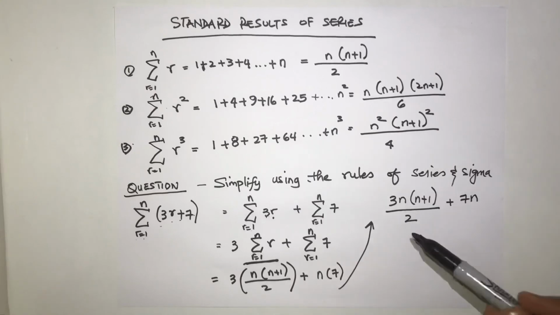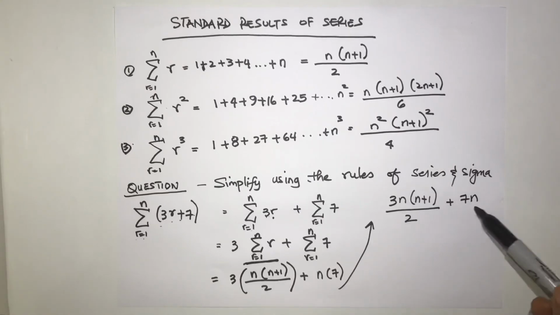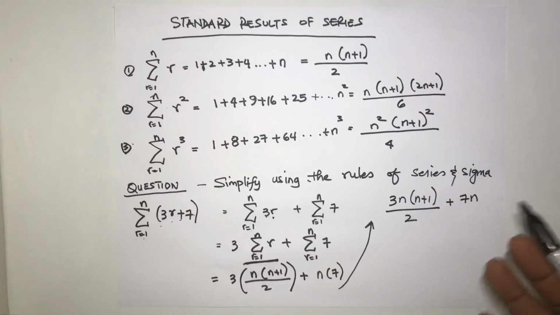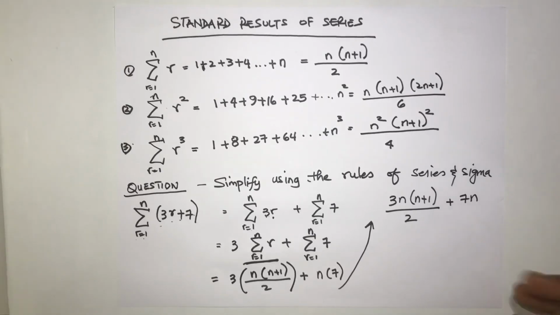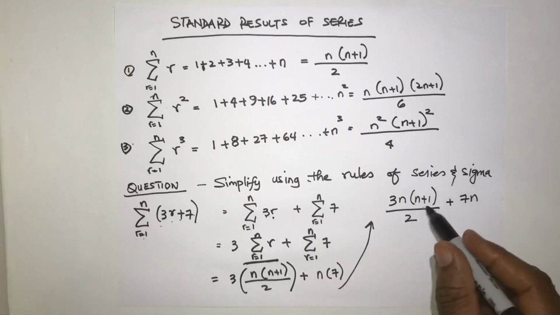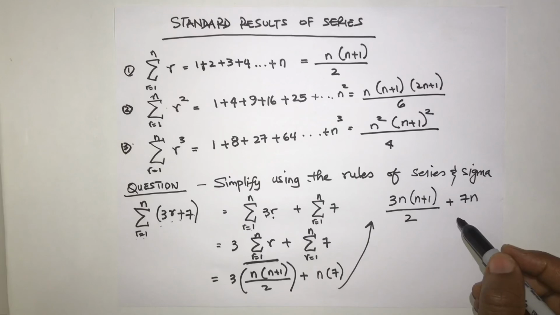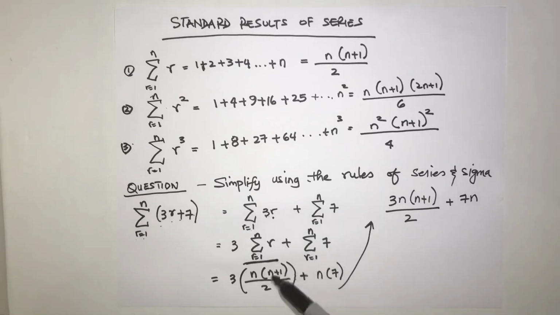Of course we can simplify this further if we want, turning everything into a quotient, but this is the general format we use to simplify sigma notations.